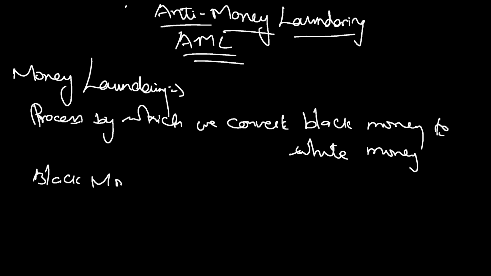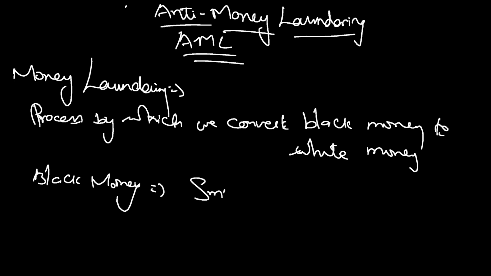Black money is the money that is sourced through illegal ways. Imagine you are doing some sort of illegal activity and you are getting this money. What would be such illegal activities?